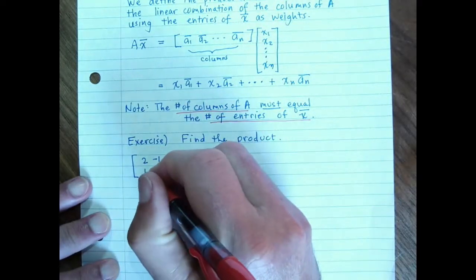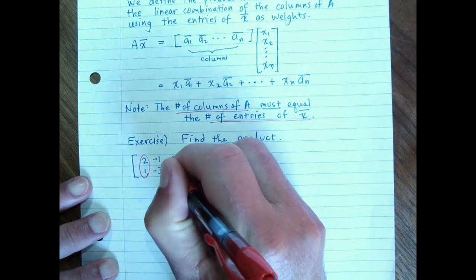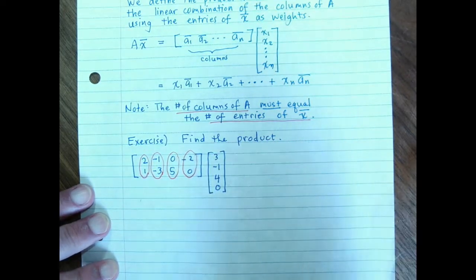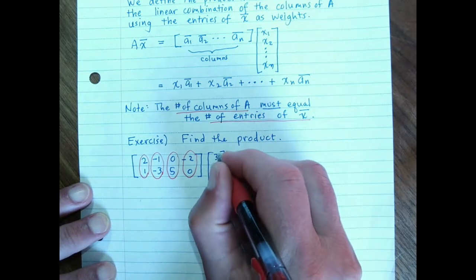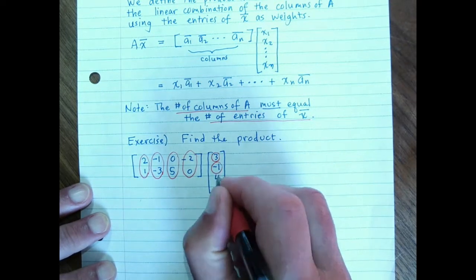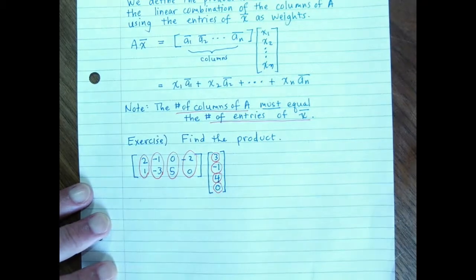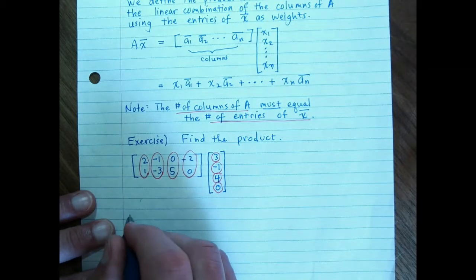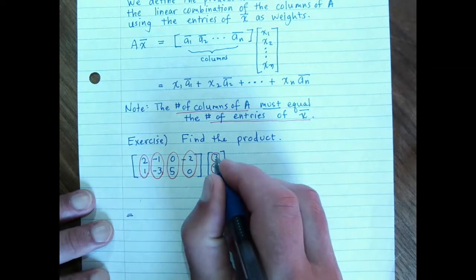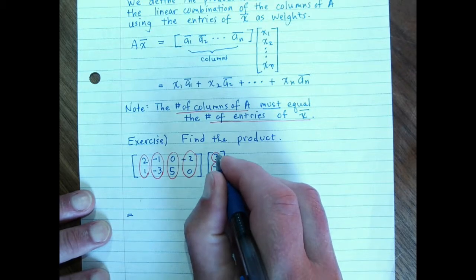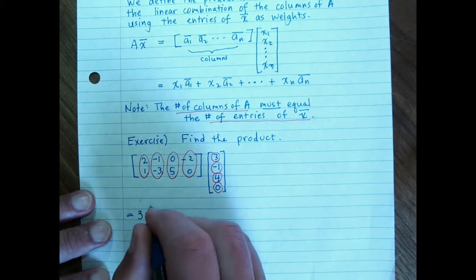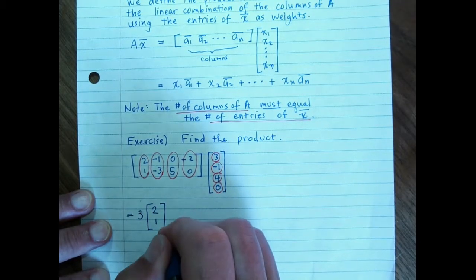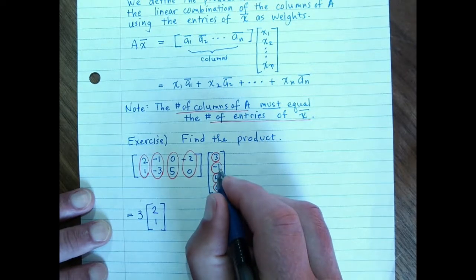what we're going to do is take each column of A. So maybe I'll just mark these columns. You don't normally have to mark the columns in red like this. And they're going to be multiplied by each of the 4 entries of x. So I'm just going to circle those separately to suggest what we're going to do here. So my product is going to be, well, I take the first entry of the column vector, 3, times the first column of my matrix, 2, 1. And I'm going to add to that the second entry of x.